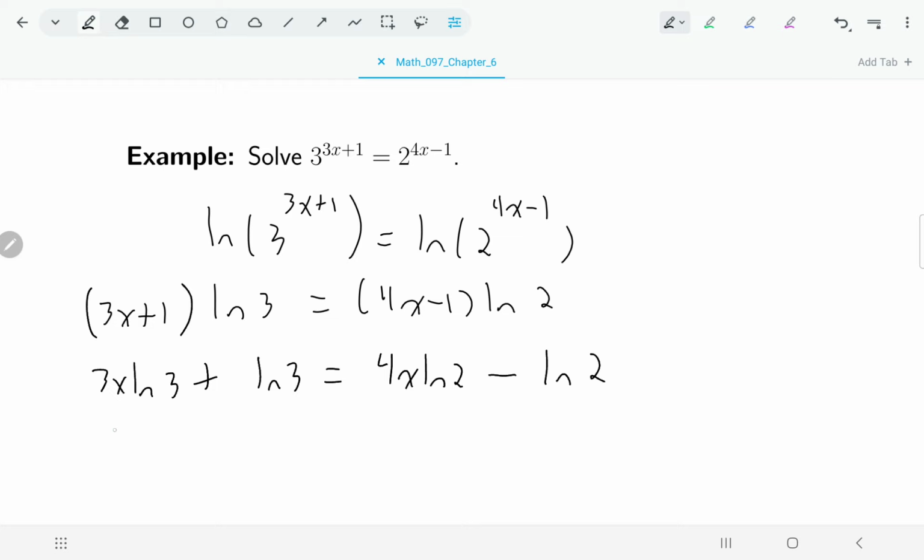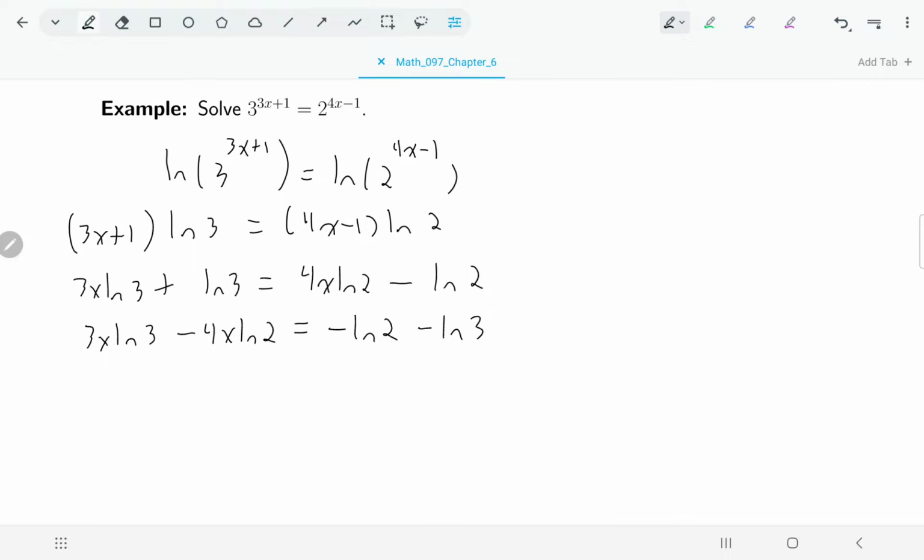I'm going to bring everybody with an x to one side of the equation. So 3x natural log of 3 is on the left, and I'll move the 4x natural log of 2 also to the left. And everybody else I'll move to the right side. The negative natural log of 2, that's on our right side, and the natural log of 3 I'll move to the right side as well.